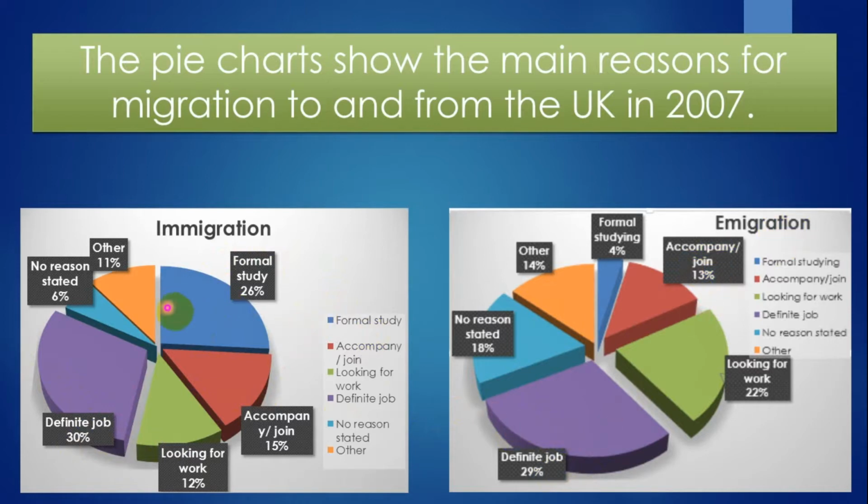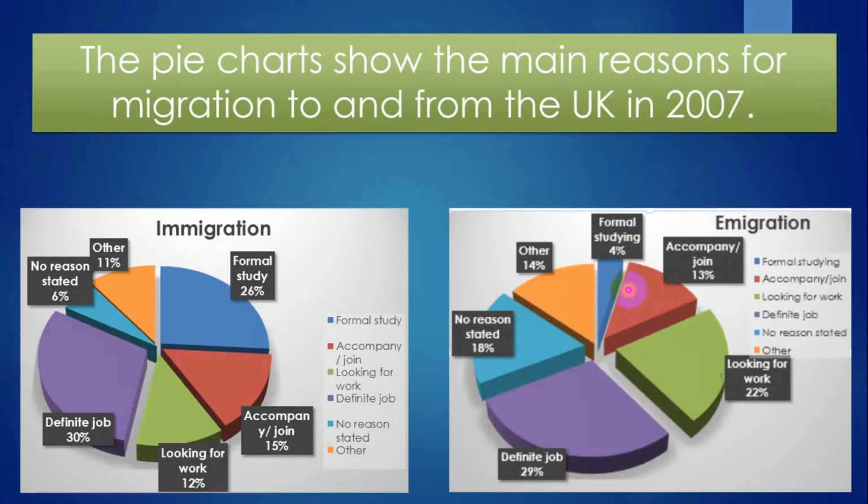And the next biggest community of visitors to the UK were those who had the intention of formal study, and they indicated 26%. But at the same time, the students who left the UK with the aim of formal studying were only 4%. Therefore, this number was the least among the other segments in the emigration pie chart.